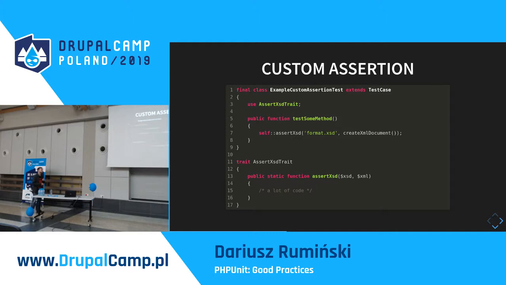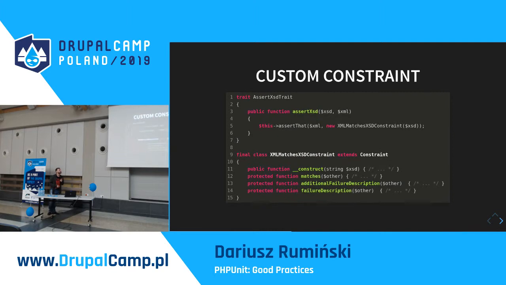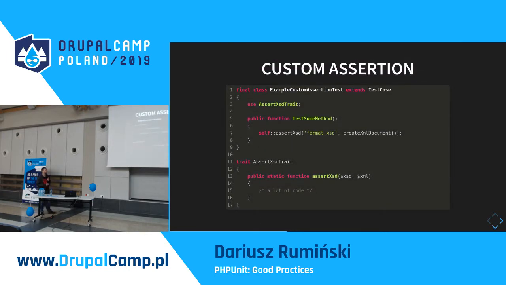This is the first step, not the optimal one, let's call it. We can actually make our own constraint. Internally in PHPUnit, every assertion is executing a constraint under the hood. What's the benefit of it? When we have just an assertion method, the PHPUnit framework runner counts every assertion we have internally and provides in a total summary how many assertions we executed.